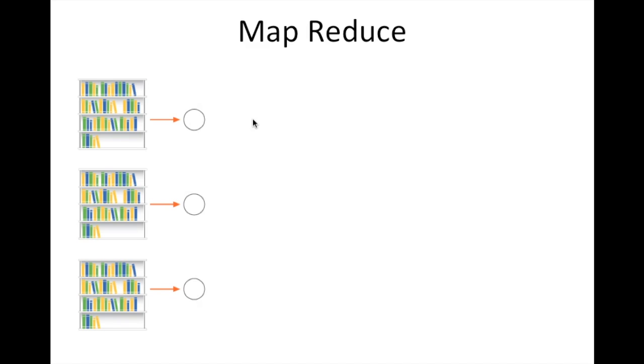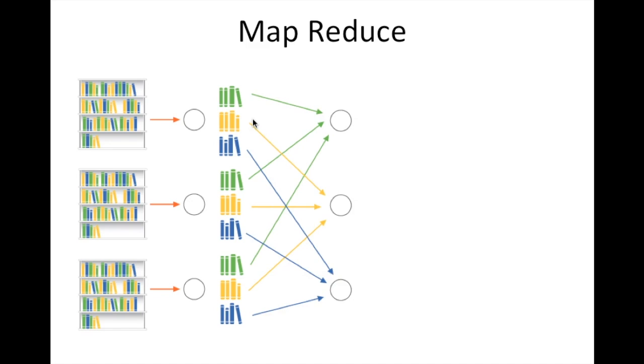Each person will take a set of bookshelves and will categorize the books. This part is called the mapping part. Each person has a number of books from each category. After that, they group all the categories they found for the books and sum up the results, so we know how many books we have from each category.